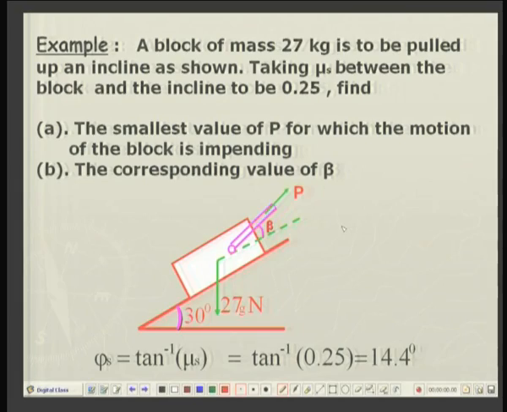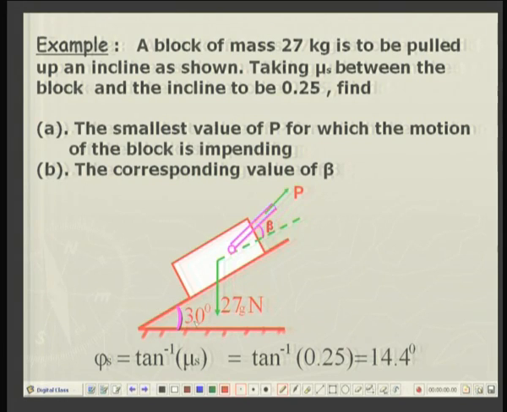Let us fix our ideas more firmly by looking at a few examples. The first example I am considering is a block of mass 27 kilograms to be pulled up an inclined plane as shown in this figure. Here is an inclined plane, this is the horizontal plane. Okay.